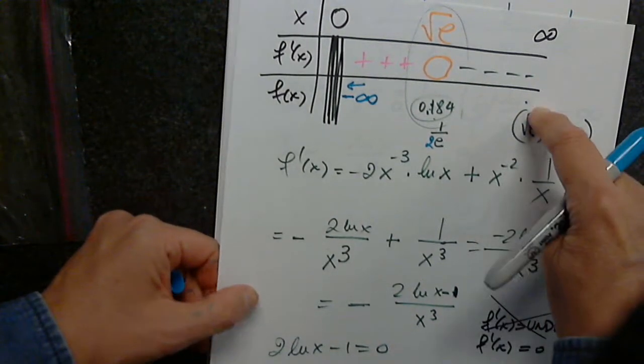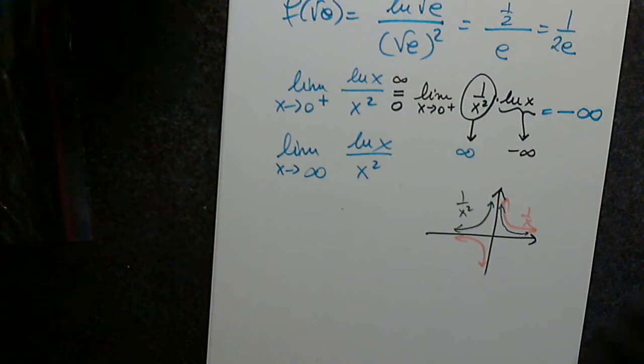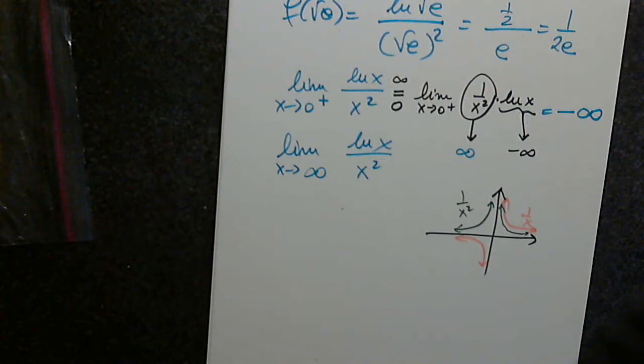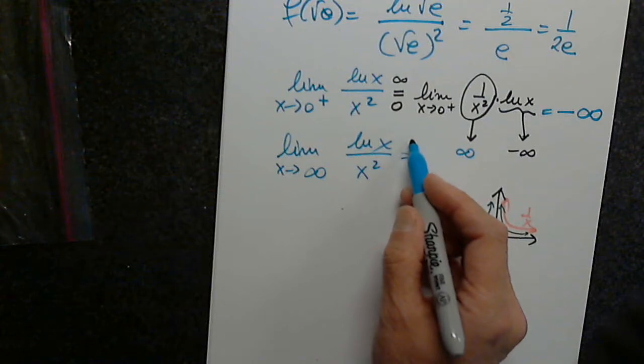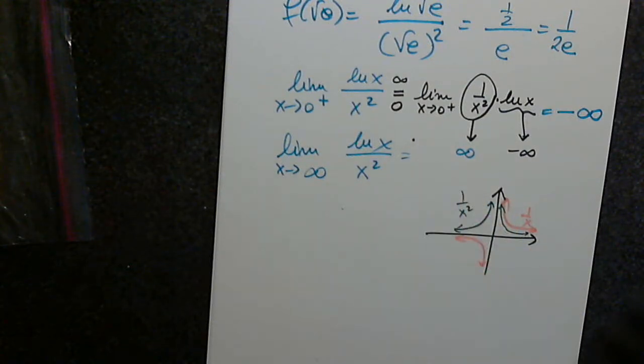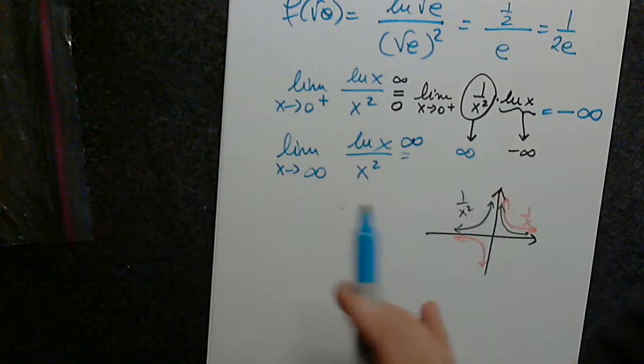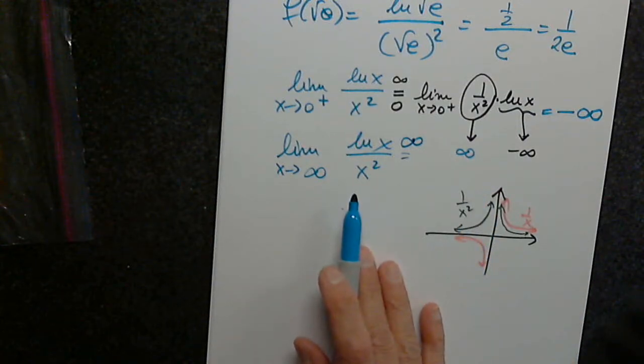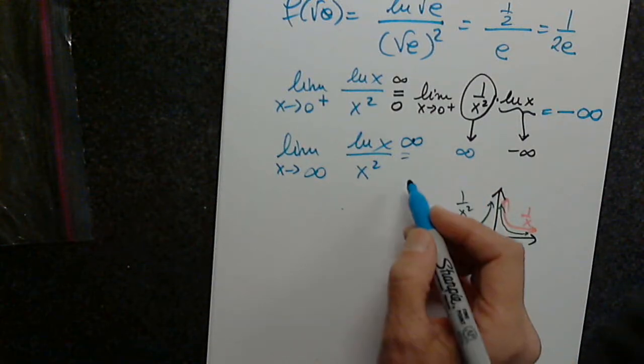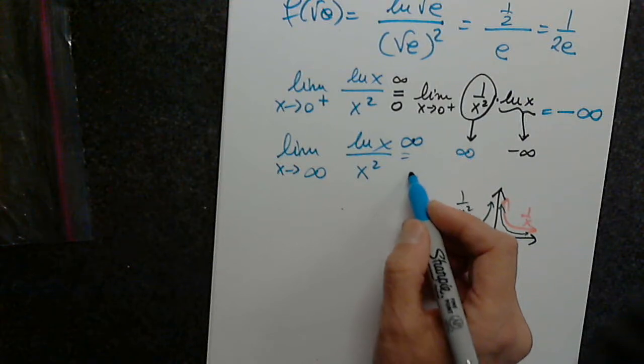Now I want this one. So natural log, when x approaches infinity, where does it go? Remember the graph. When x approaches infinity, natural log goes to, very good. When x approaches infinity, x squared goes to, very good.